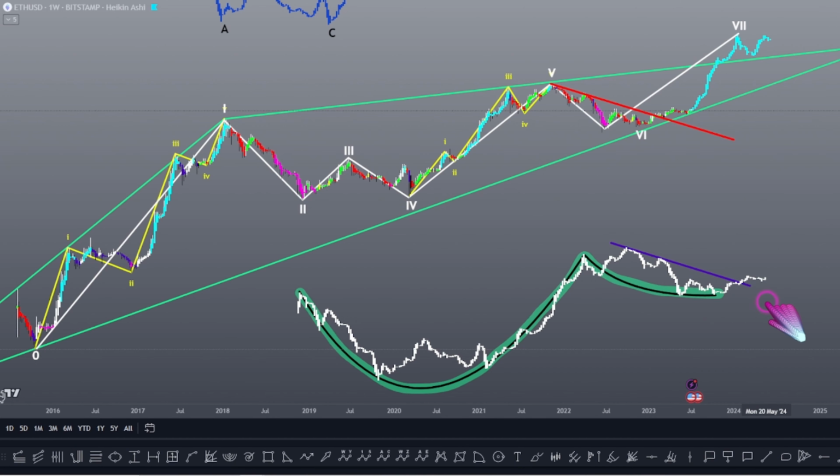So lastly, we have here Ethereum. I went over this chart many months ago where I was drawing massive triangles around the entire history of some sort of chart and getting as many touch points as possible because it makes a valid structure.